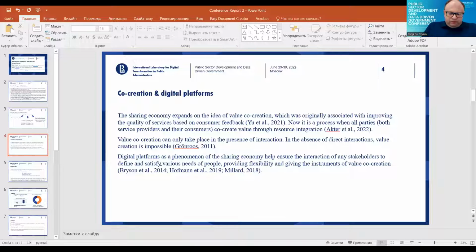So by platform usage, we see that there are a lot of contributors in the chain of value creators. And we see that the interaction between stakeholders becomes very intensive. And this is a real change to a very traditional public value creation, for example, in the mid-90s or at the end of the 90s.